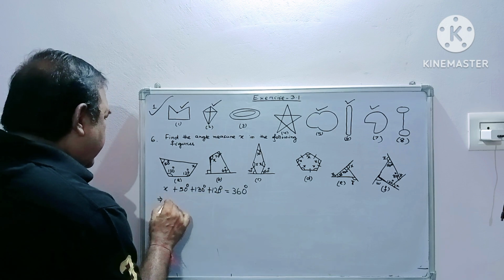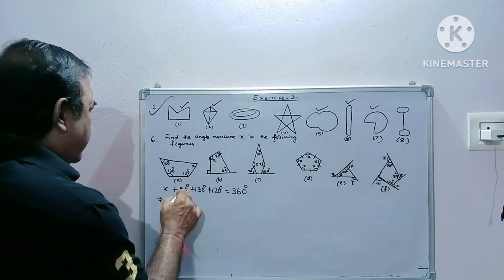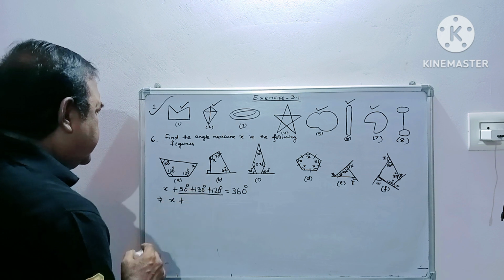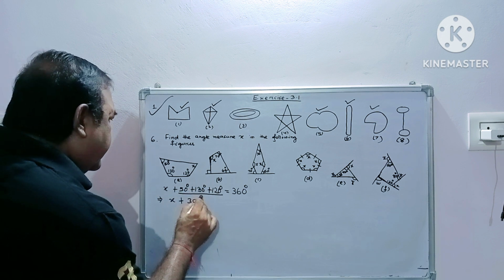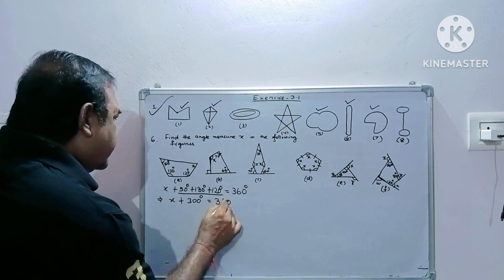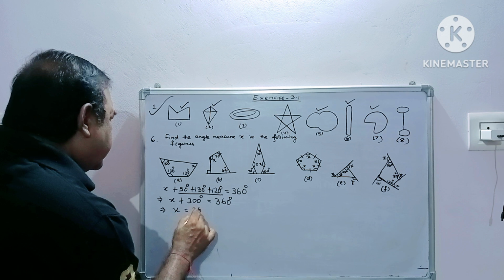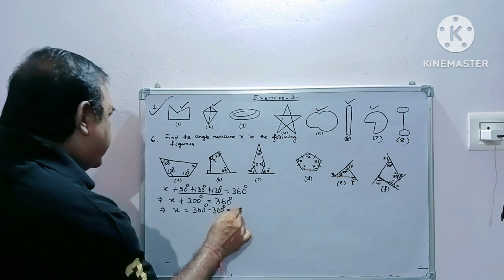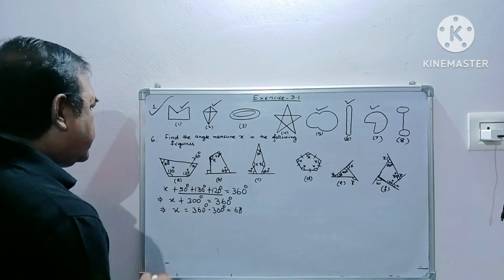That implies x plus, you add these 3, 120 plus 130 is 250, plus 50 is 300. So x plus 300 degrees is equal to 360 degrees. That implies x is equal to 360 degrees minus 300 degrees, that is 60 degrees. So this case is over.